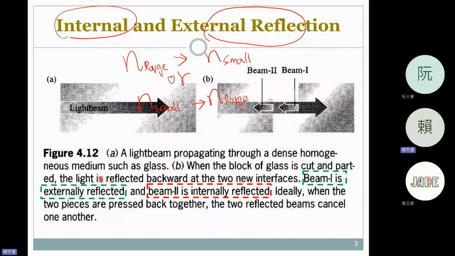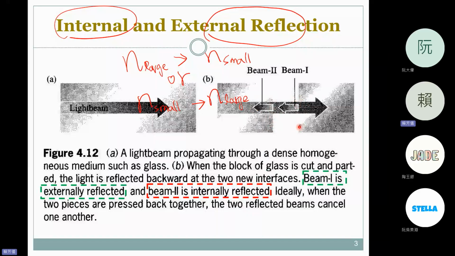So the light is reflected backward at two new interfaces. When the light hits the discontinuity interface here, and another here, they will both have reflected backward light at these two new interfaces.